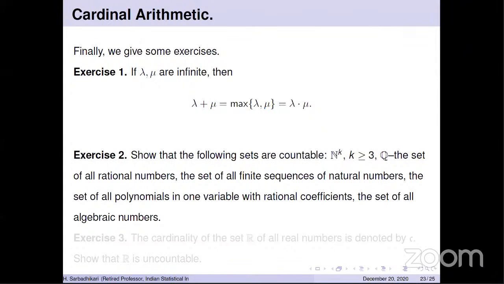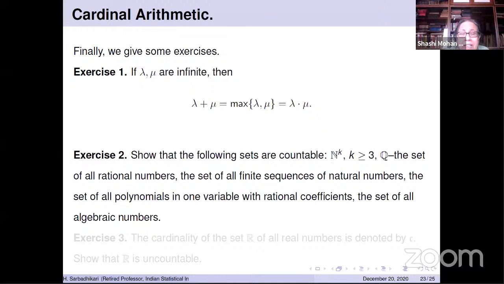Ma'am, are you talking about exercise 1, that it holds for both finite as well as infinite cases? No. Exercise 1 is infinite. I spoke of an exercise which is not written here. Suppose lambda is less than or equal to mu, lambda, mu, nu being cardinals. Then show that lambda plus nu is less than or equal to mu plus nu.